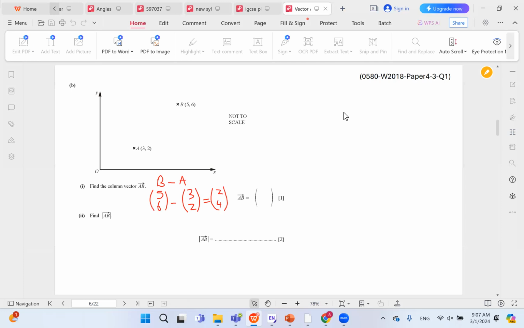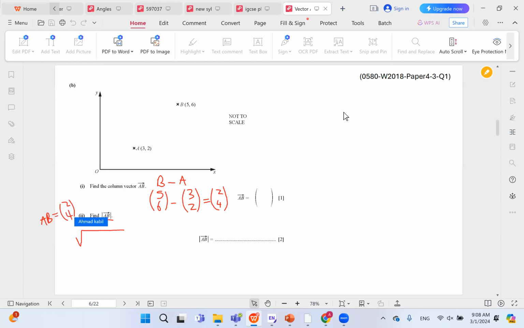In part (ii), we are required to find the magnitude of AB. When we have these vertical lines, this is called the magnitude of a vector, and it's simply equal to the Pythagorean of the values in the vector. So we just apply the Pythagorean theorem here. Vector AB from part (i) is (2, 4).